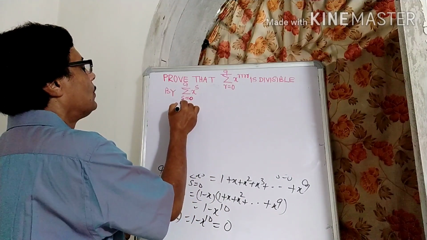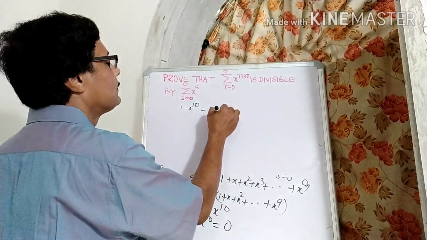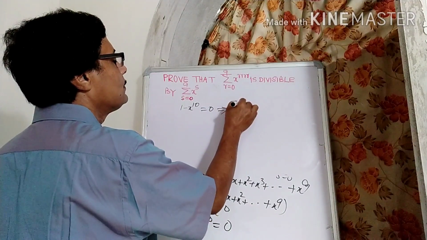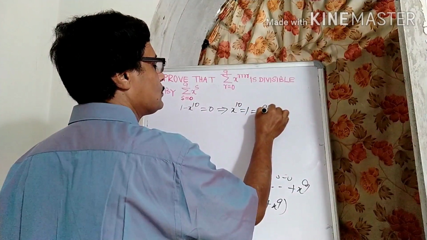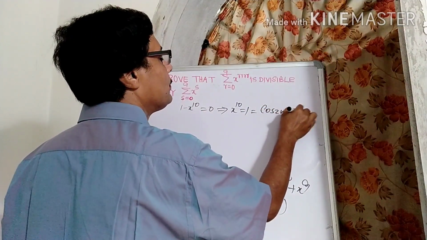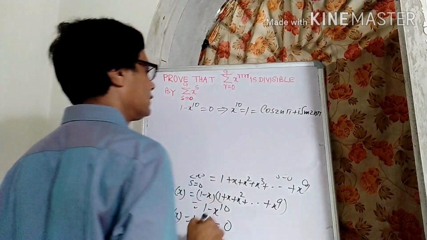So 1 minus x to the power 10 equal to 0, this implies x to the power 10 equal to 1. 1 can be written as cos 2n pi plus i sin 2n pi.